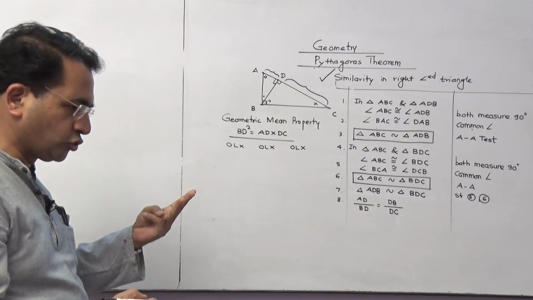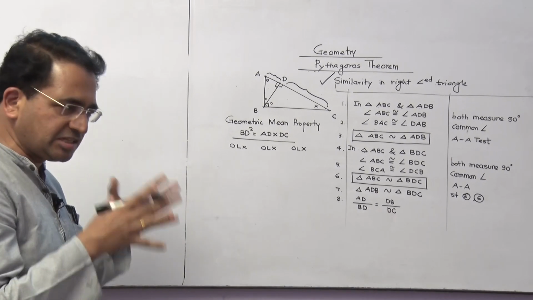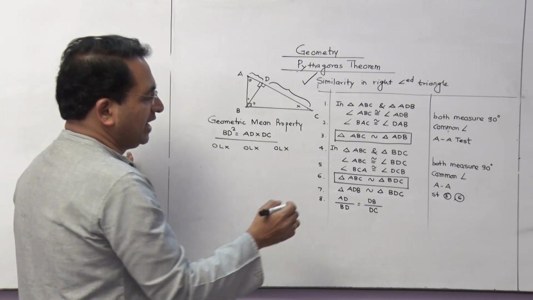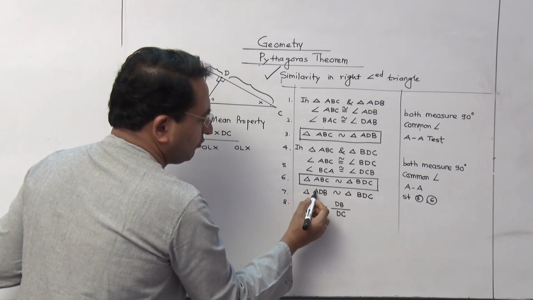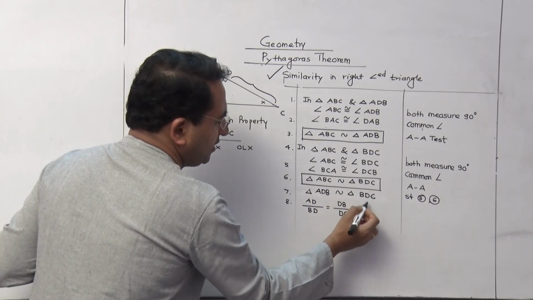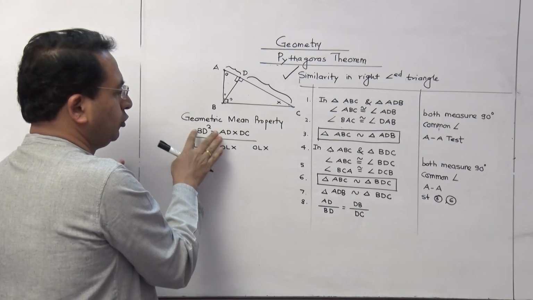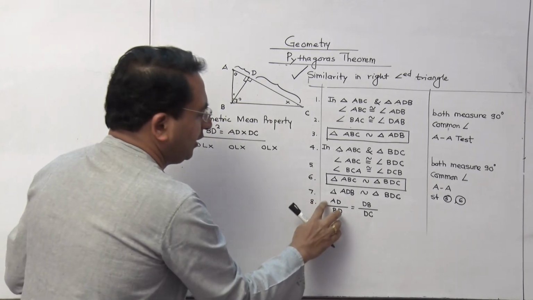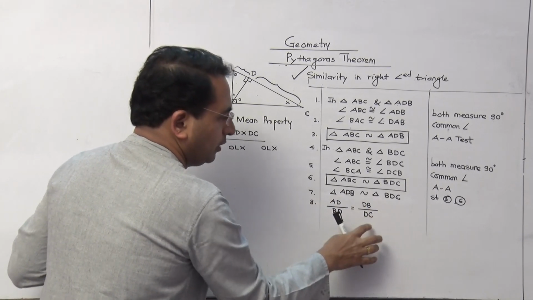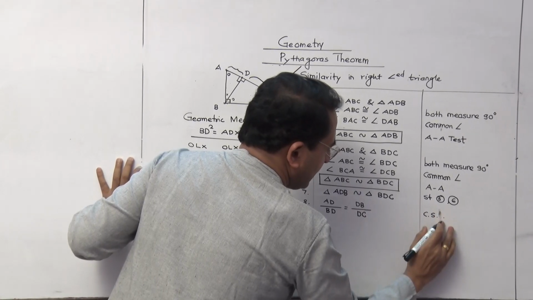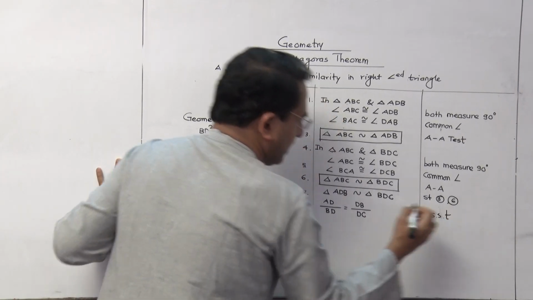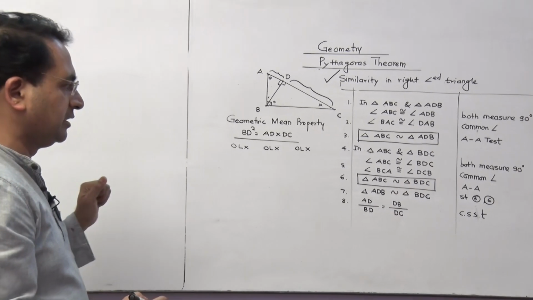We write 3 ratios, but in this particular question the last ratio is not of any use, because it would be AB upon BC, which we don't require here. So we have written only this part. The reason is the same, that is CSST, corresponding sides of similar triangles.